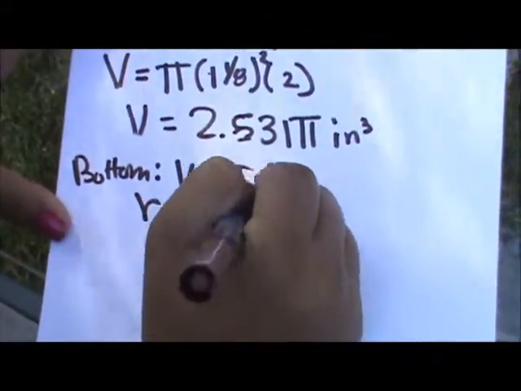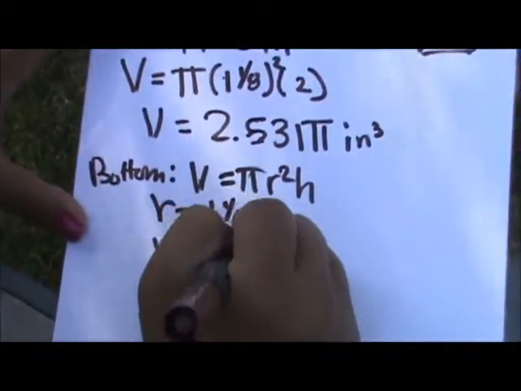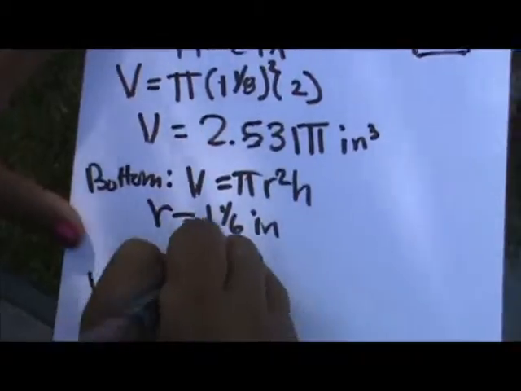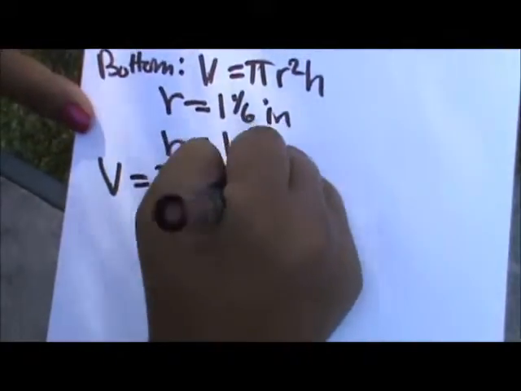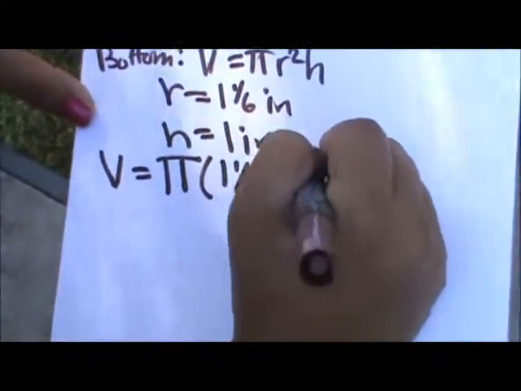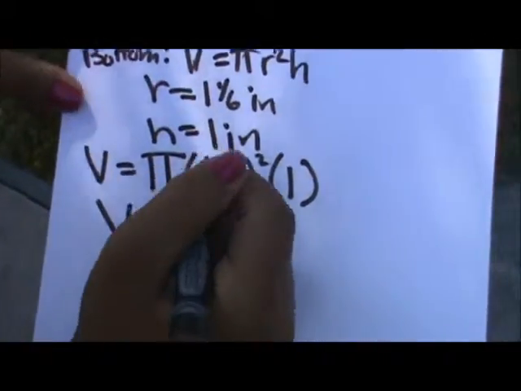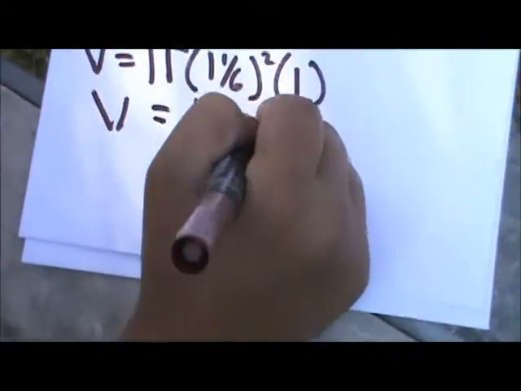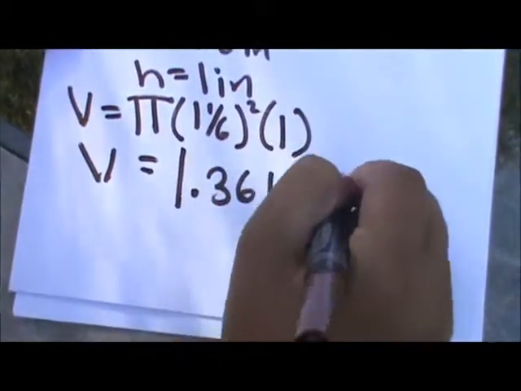The bottom one is basically the same thing over again, except that the radius is now 1 1/6 inches and the height is 1 inch. So our result is going to be a lot different. Plug that one in here and we get 1.361 pi inches cubed.